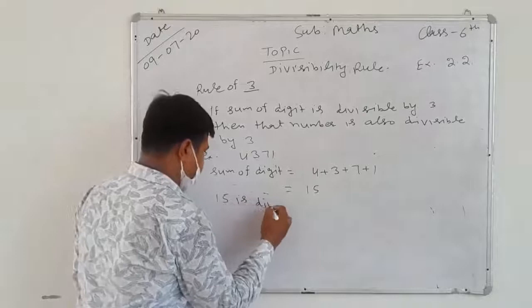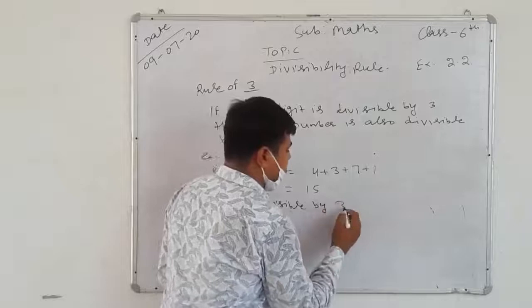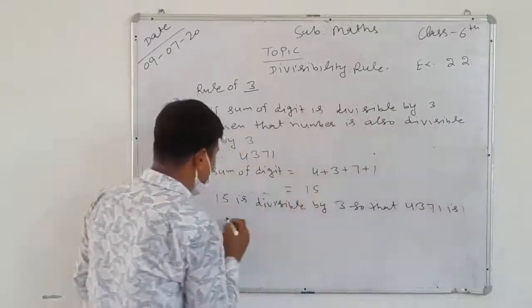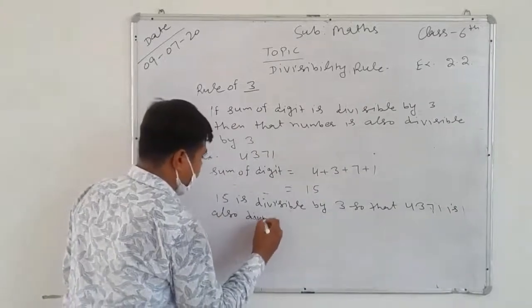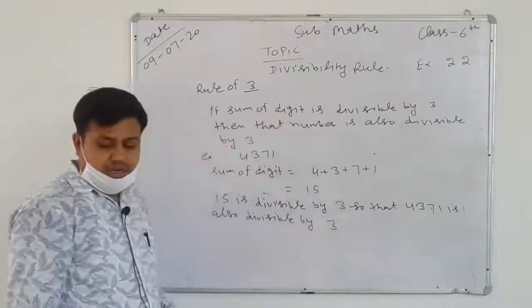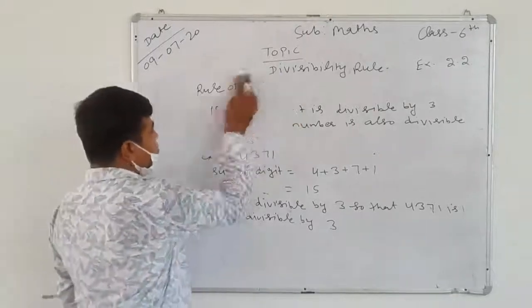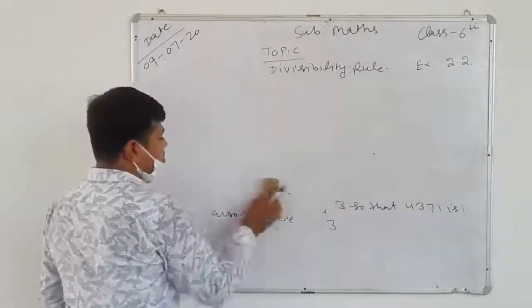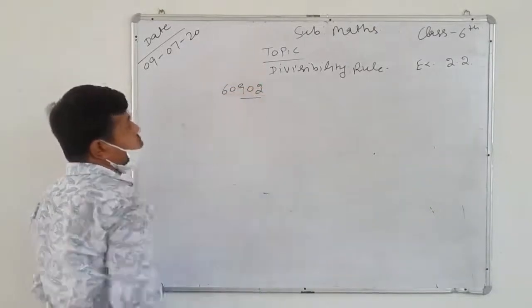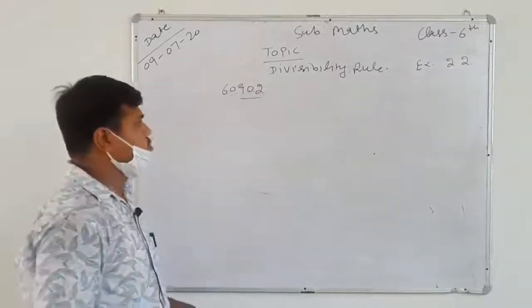15 is divisible by 3, so 4371 is also divisible by 3. Let's take another example for the divisibility rule of 3: 60902. How do we test it?